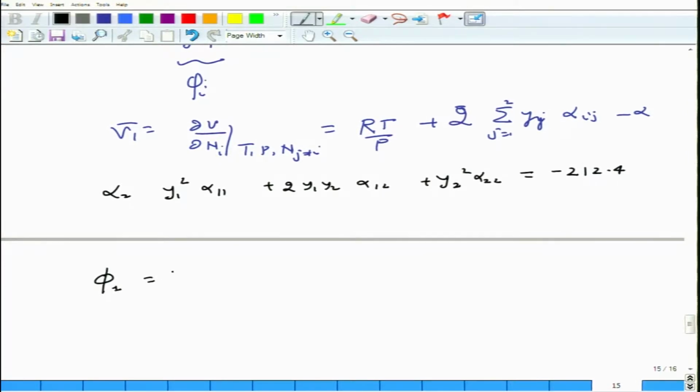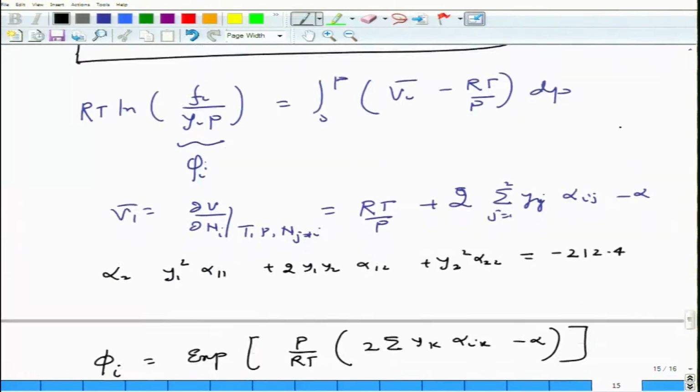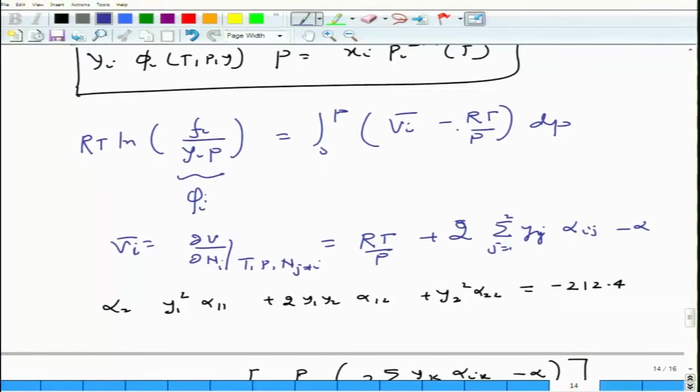Now, the expression of phi_i, when you plug in, comes out to be exponential of P by RT times the summation over y_k alpha_ik minus alpha. Here I am using k, because this is i, remember. This is the expression which comes out after plugging in this V_i bar.